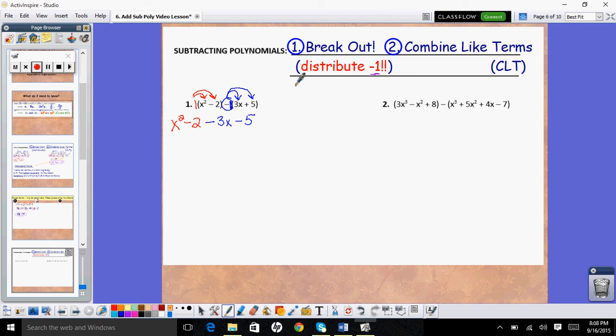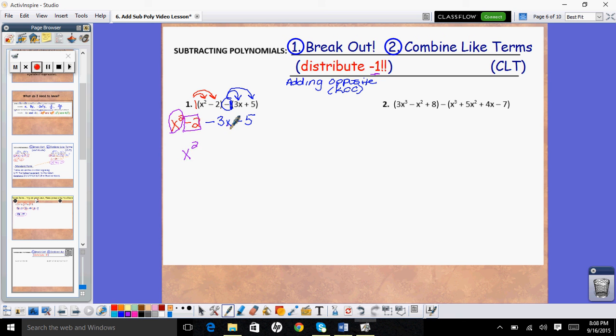Some have learned this previously as adding the opposite, or keep, change, change. Now I can look for like terms. X squared does not have any like terms. It remains x squared.